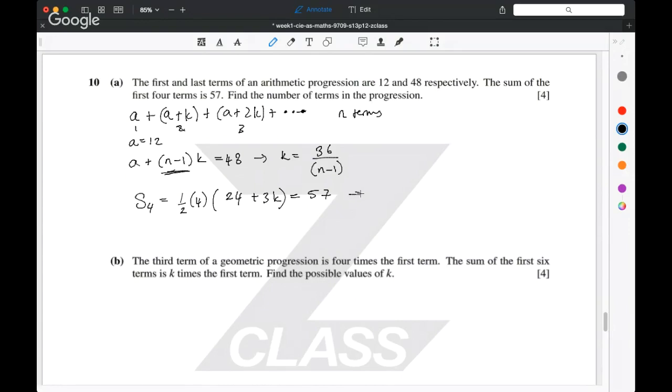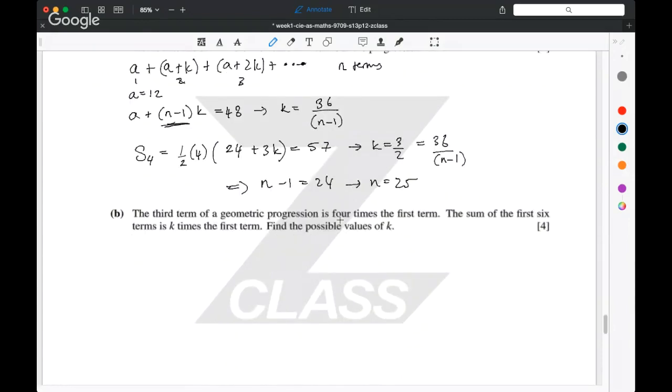If we solve this, we get that k is equal to 3/2. And we already found that this was equal to 36 over n minus 1. And if we solve that, we get that n minus 1 is equal to 24. So n is equal to 25. So that's mostly just applying the formula booklet.